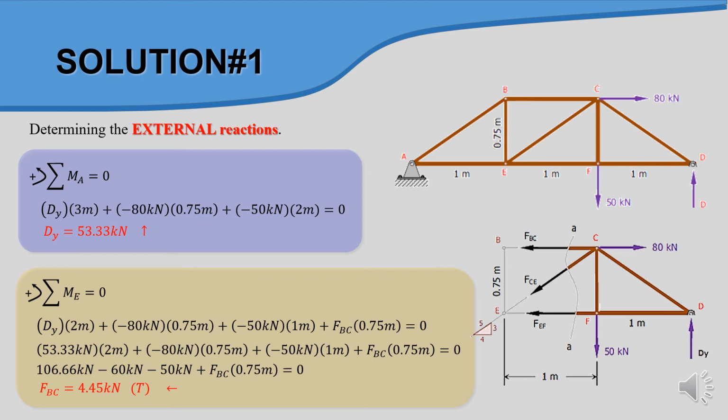Once you substitute all together in this equation, we finally obtain the value of FBC equal to 4.445 kilonewtons, which is in tension, so the direction is to the left. So when you take the moment at point E, you will get the value of FBC.